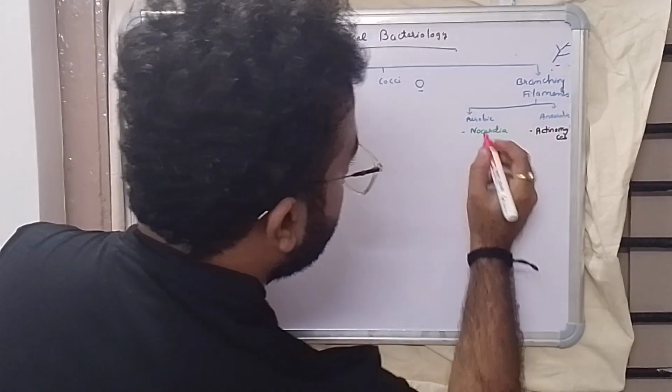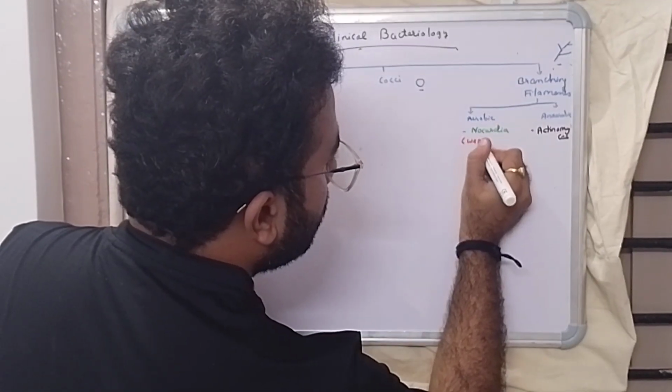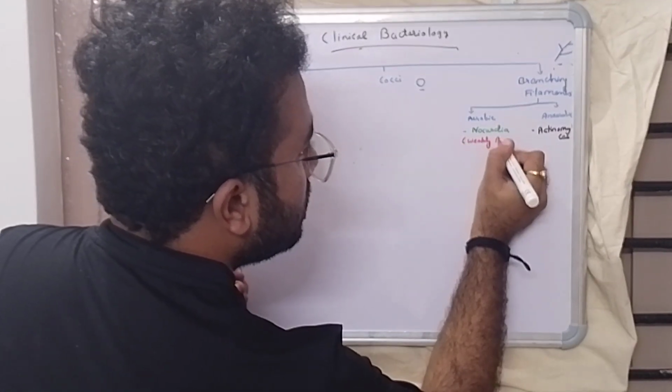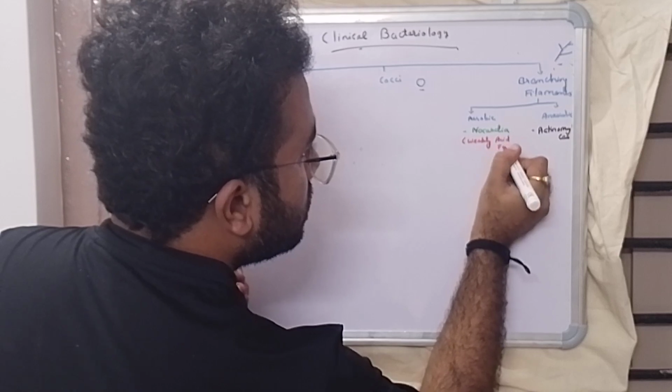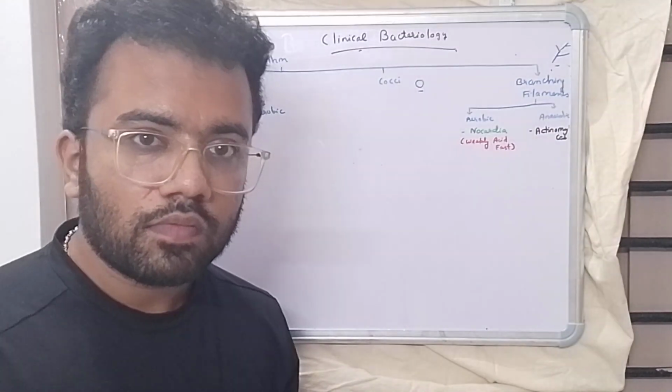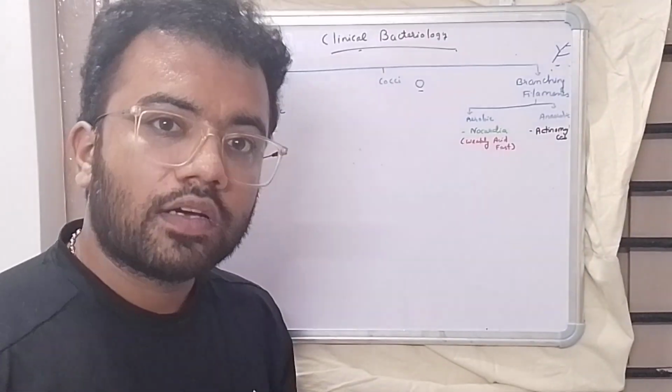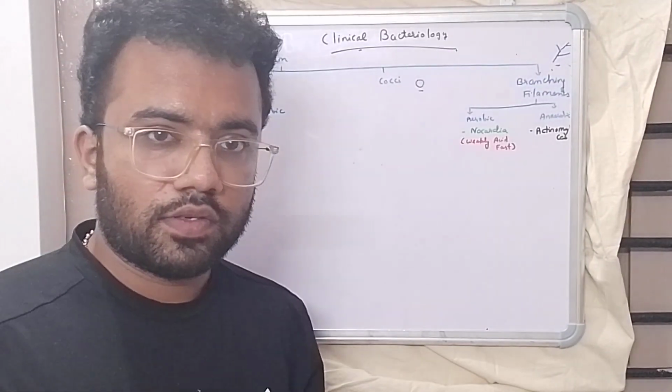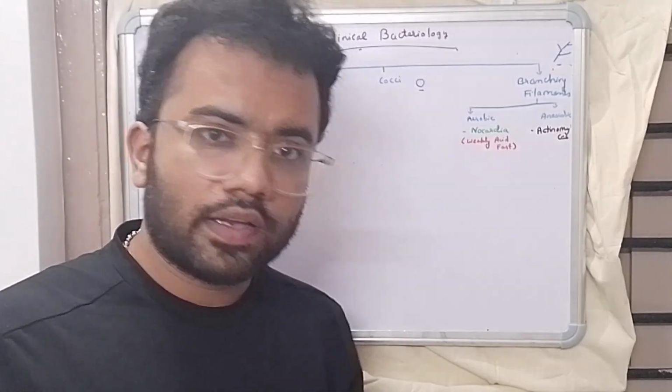So here we will write weakly acid fast. Okay, so here it is Actinomyces. It is an anaerobic bacteria that comes under branching filaments. It is neither cocci nor bacilli.